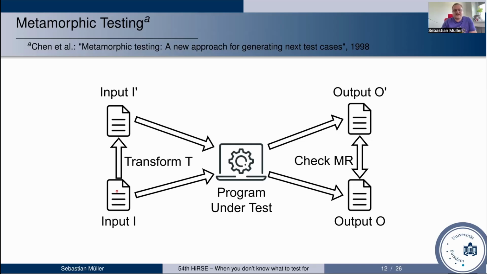So we now are faced with two inputs, and we are running both of these inputs through the same program under test, and out fall two outputs. And if we can predict how these two outputs are in a relationship with one another, for this given transformation function T on the input side, then we have found what is known as a metamorphic relation, and we can just check on the output side if that metamorphic relation actually holds.